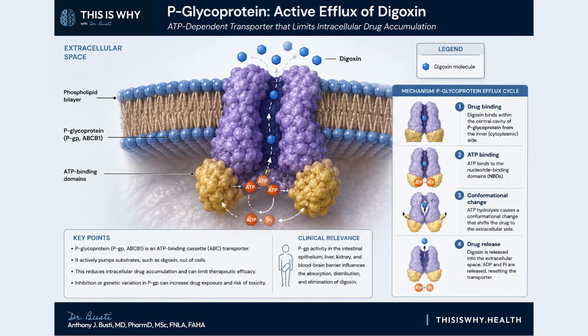And so the question becomes, what happens if we interfere with that specific transport system? Well, obviously, the concentration of the drugs are going to rise, and that would be true for digoxin. And that's where amiodarone really enters this clinical picture.